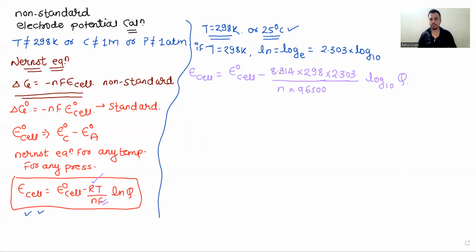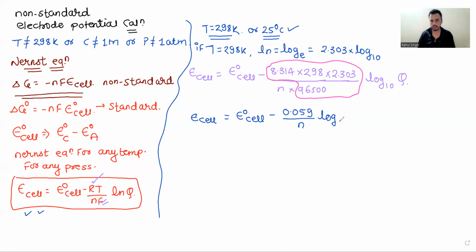It would be cumbersome to calculate this much every time, so we will use a simplified value. After calculation, E cell equals E naught of a cell minus 0.059 divided by n, the n factor remaining as it is, into log to the base 10 of Q. This is a simplified formula, and we use it only when the temperature is 298 Kelvin.